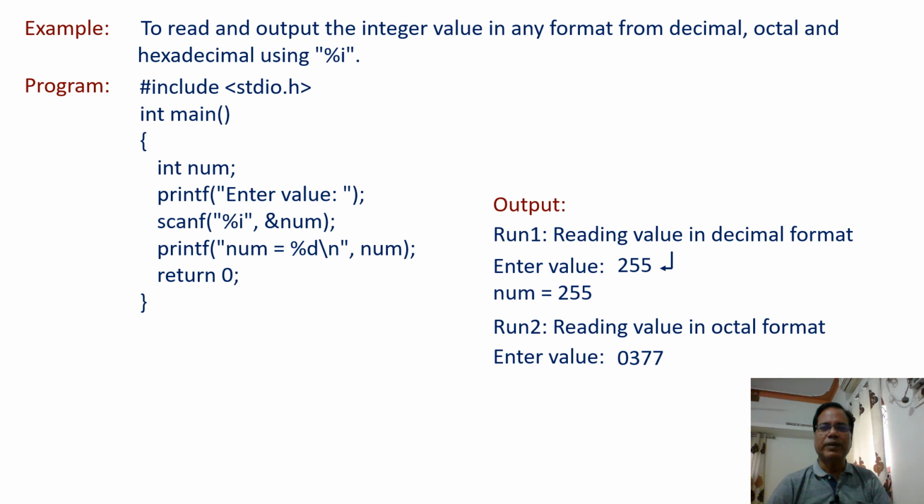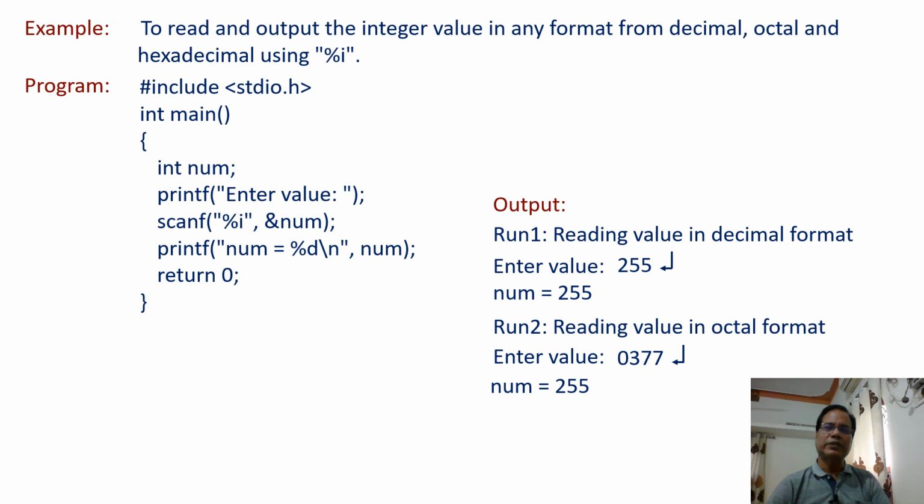And when it is printed using the printf statement, here %d is the format specifier. So whatever octal number we enter, its decimal equivalent is printed at this point. After entering this octal number and pressing the enter key, we have its decimal equivalent 255.